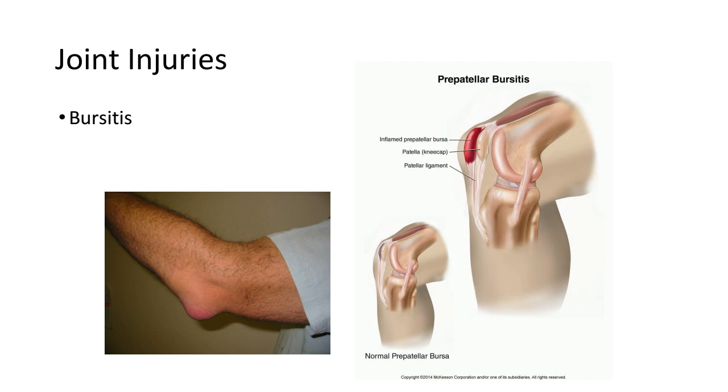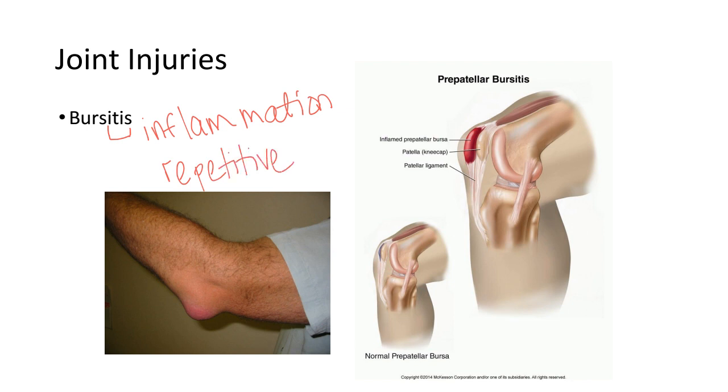Okay, bursitis, the itis here, lets you know that it is an inflammatory injury. So this is an inflammation of the bursa. It's usually due to repetitive use, repetitive movements. You can see there's a big inflammation, big swelling there on the back of the elbow here. This is in front of the kneecap.